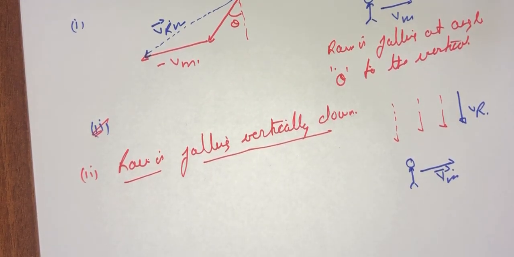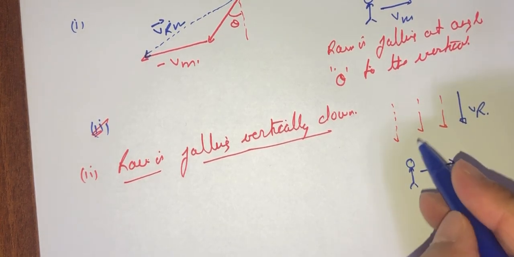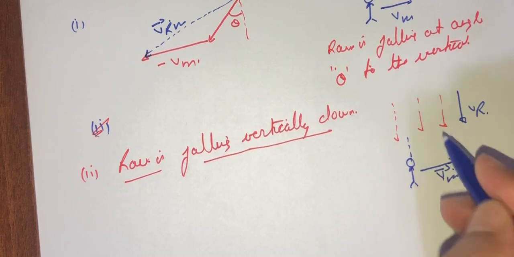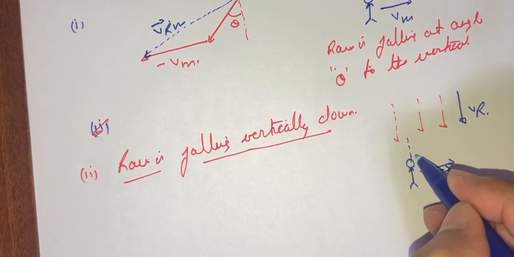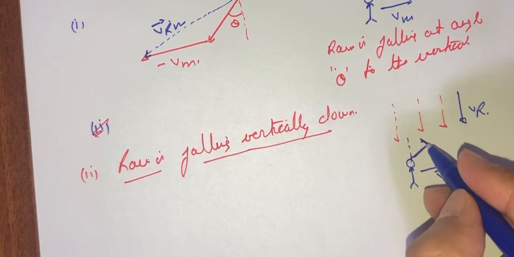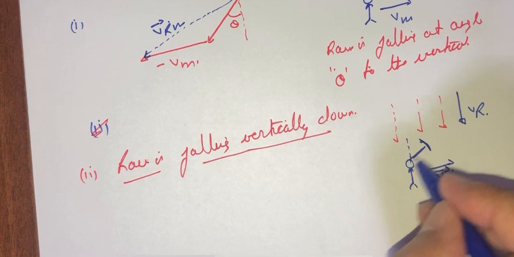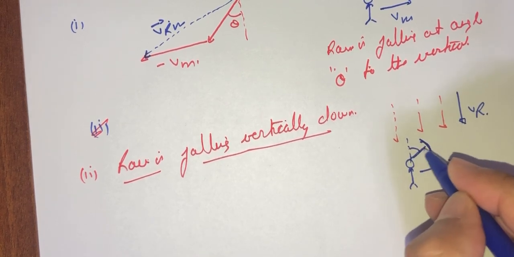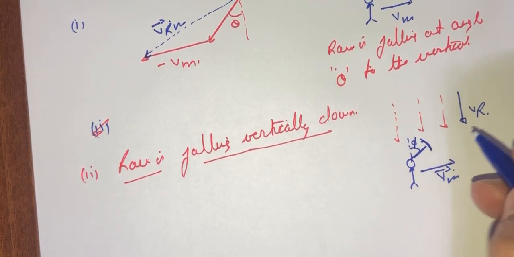Now once again, we are going to find out at what angle with the vertical the man should be holding the umbrella. Suppose this is the umbrella, and let us call this angle phi.